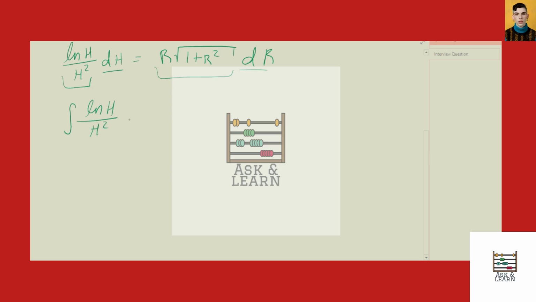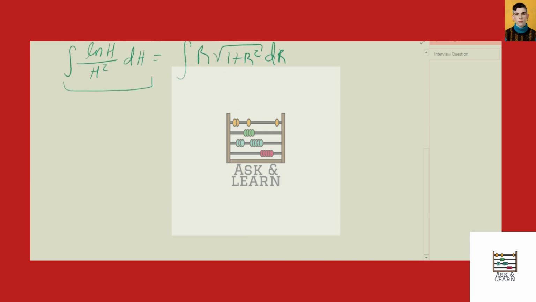So I'm just going to write the same thing, but with an integral. All right. So I'm going to start off with this side, and then next time I'll do the other side. For this side, I'm going to actually integrate by parts. So we're going to have u, du, and then v, dv.